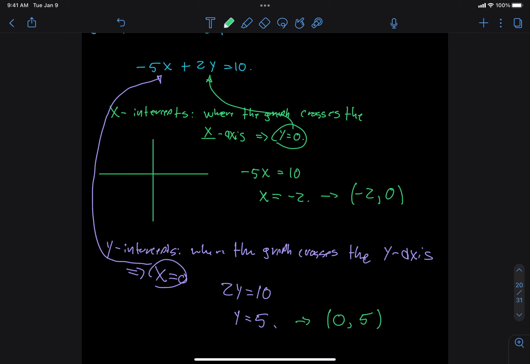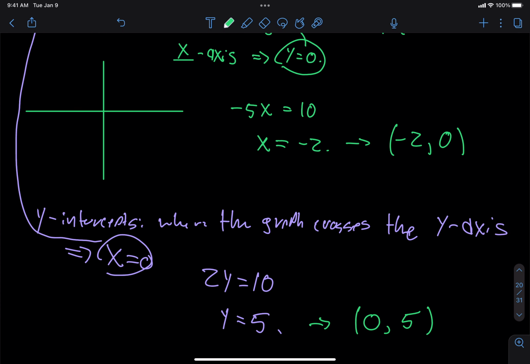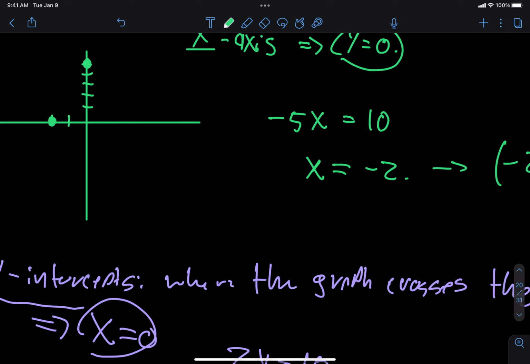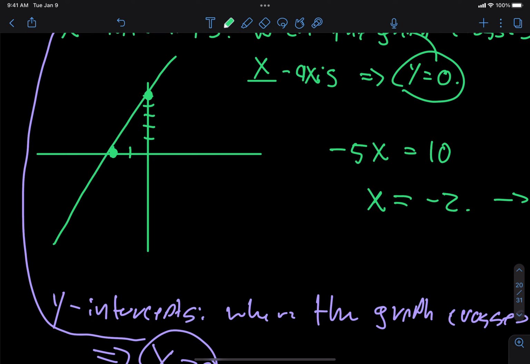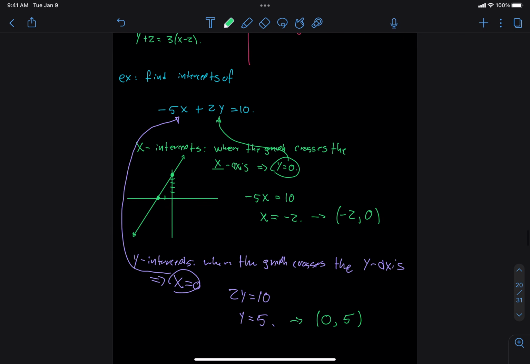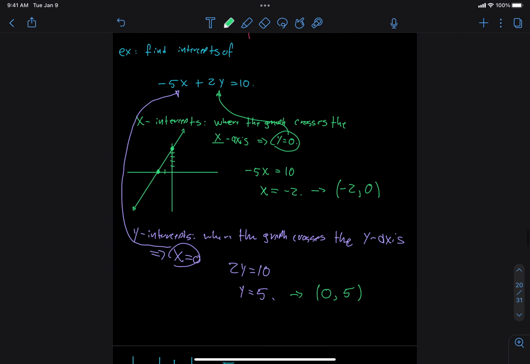I got 2 points on the line. 2 points is enough to make our graph. So how about we put a point at -2, 0, that's right here. And I'm going to put a point at 0, 5. So 1, 2, 3, 4, 5. Here's another point. And I can go ahead and graph because 2 points define a line.